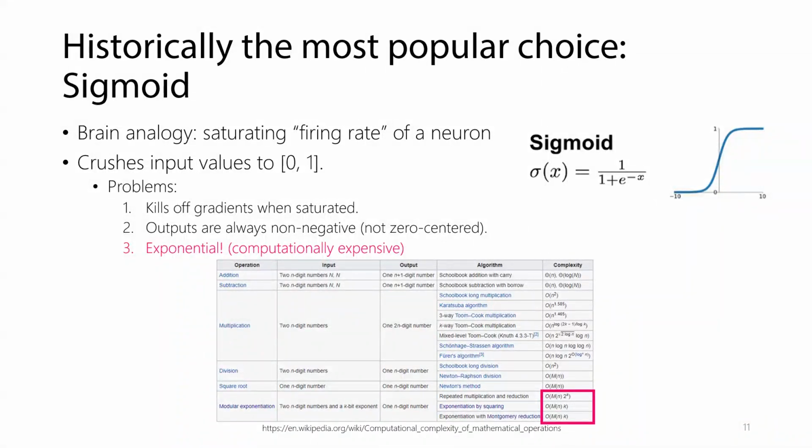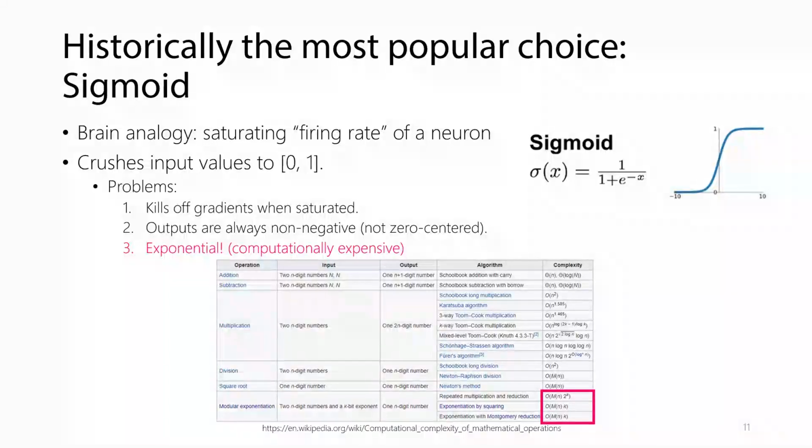Now, this may not sound like a lot, and it is indeed not a lot. So if you just compute one exponential on your computer, on your GPU, then the difference is going to be a matter of nanoseconds.